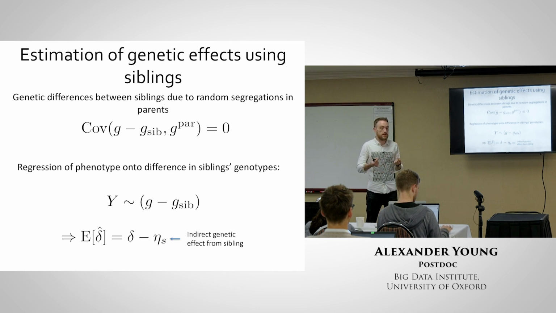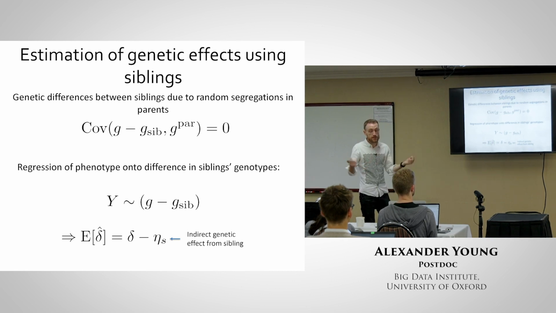If you take two siblings and you consider the father's genotype, you've got two copies of each allele, each variant. Then you randomly inherit one or the other, so they can share none, they can share one, or they can share both, and whether they do is just due to these random segregations in the parents. So the genetic differences between siblings are random and uncorrelated with environmental effects on the trait.